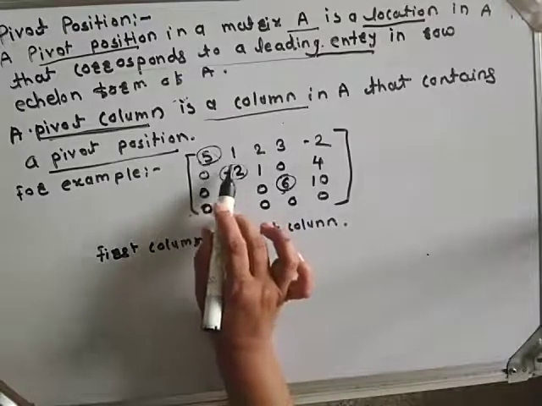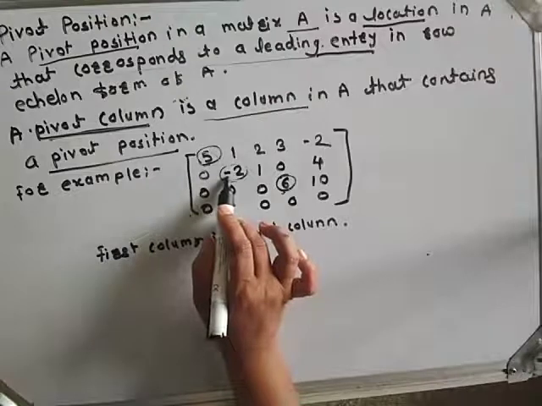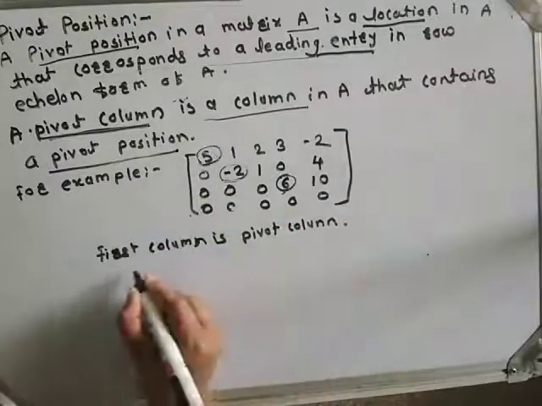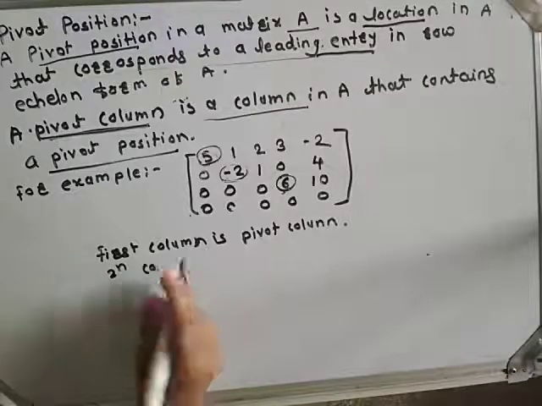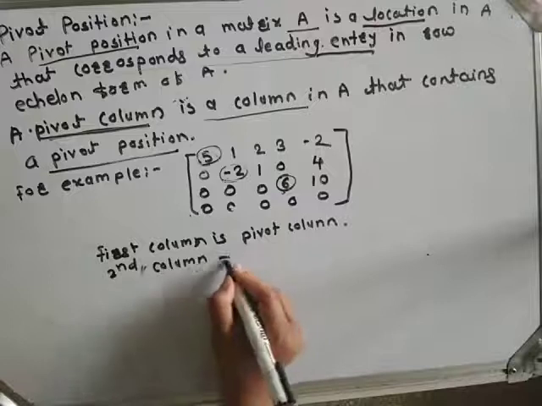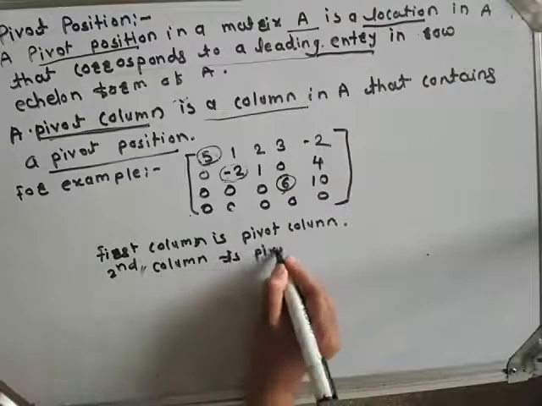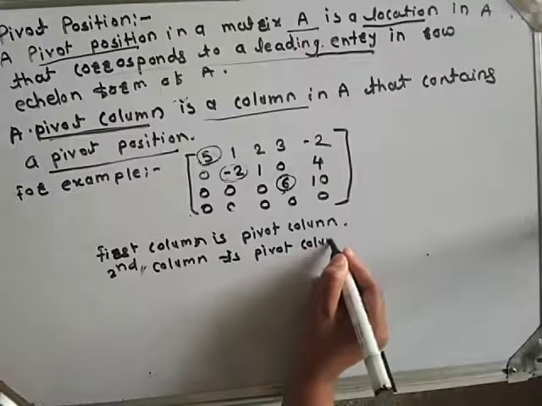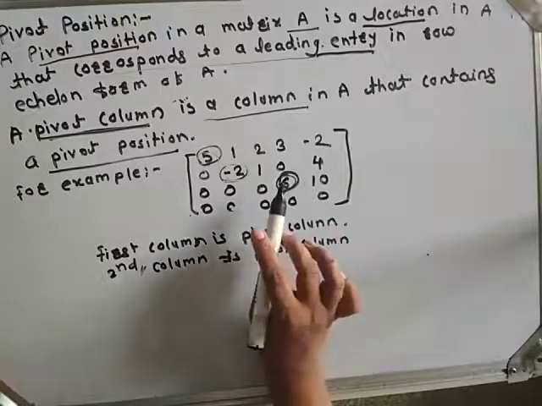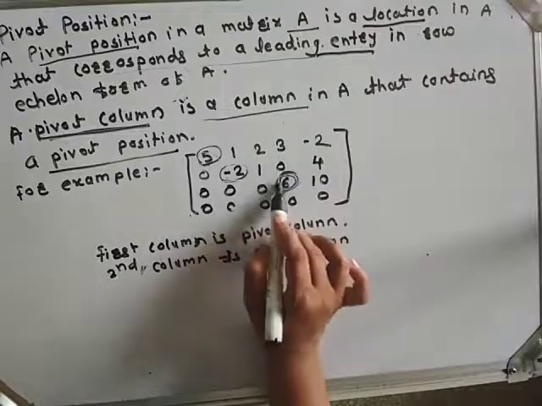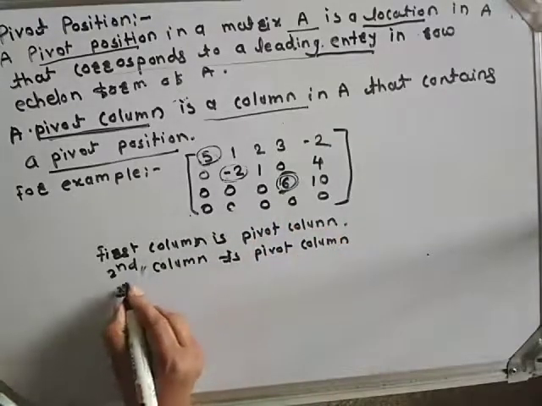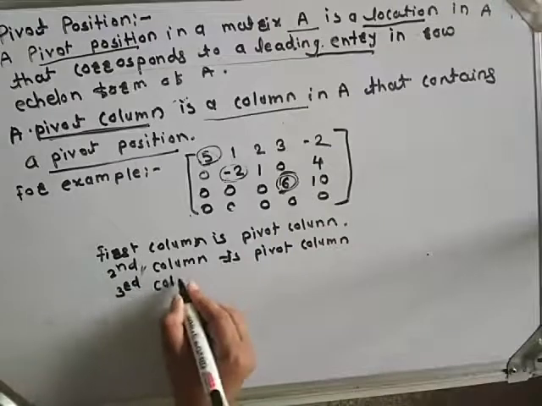In second column, this -2 is pivot position, therefore second column is also pivot column. And third column also contains pivot position, therefore third column is also pivot column.